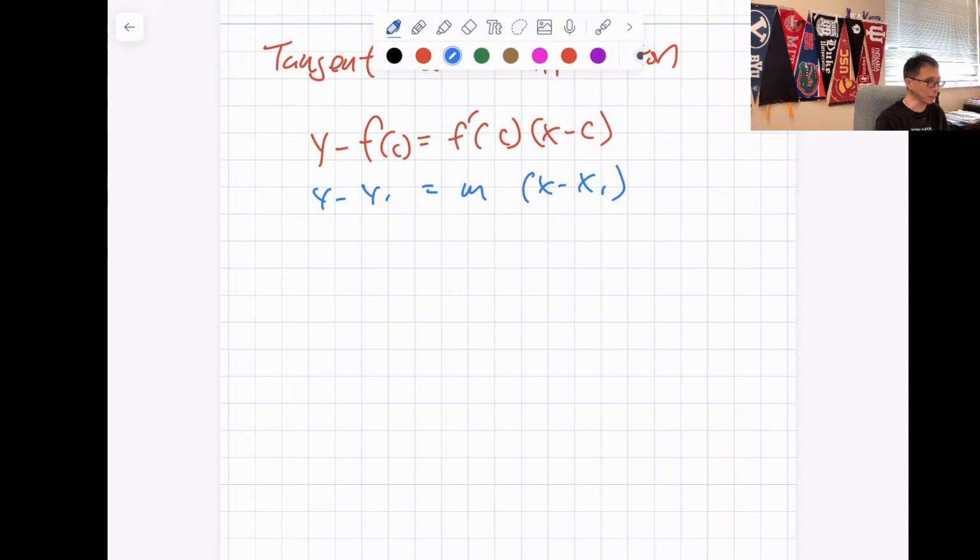Okay, so what we're going to do is ask how we approximate something using tangent line approximation.